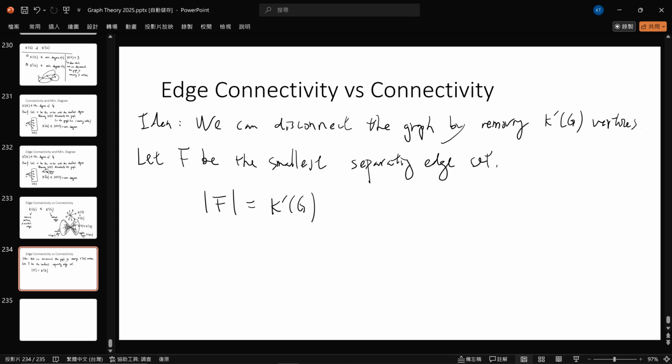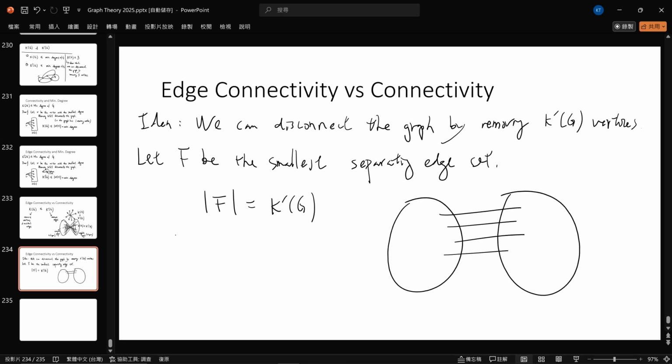By definition, this is the size of the smallest separating edge set. Because the graph is disconnected after you remove F, visually it looks like this: you get two components, A and B, and F is precisely the edge set between A and B. If you want to disconnect the graph, you have to remove all the edges between A and B.